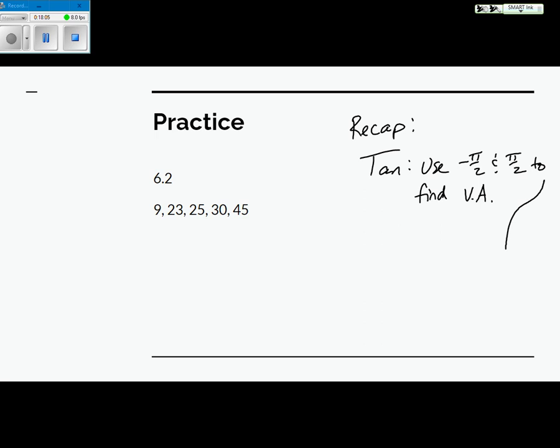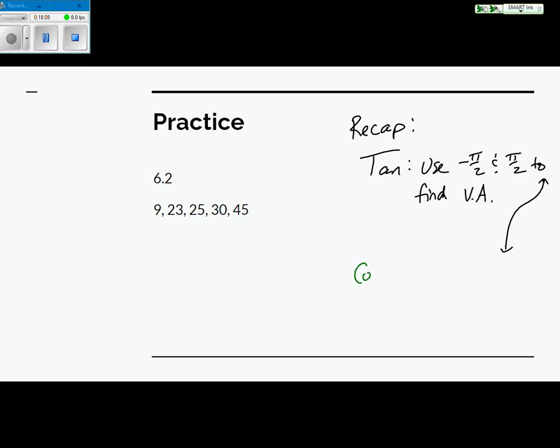I'm just going to do a recap real quick. For tangent, I'm going to use negative pi over 2 and pi over 2 to find my vertical asymptotes. So whatever's in parentheses, whatever comes with the x, I set equal to negative pi over 2 and pi over 2. And my snakes go up to the right.